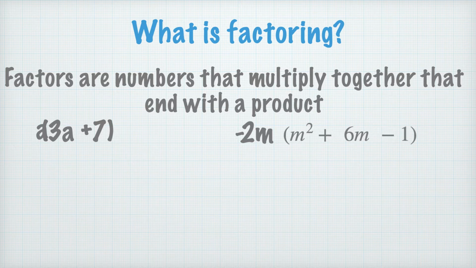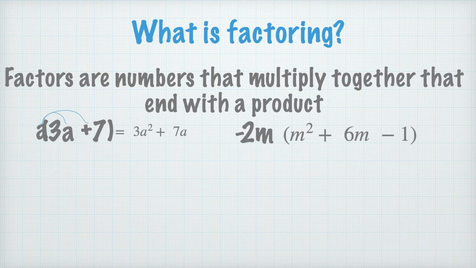All right? And so if I distributed the a times everything on the inside, then I would get the product of 3a squared plus 7a.